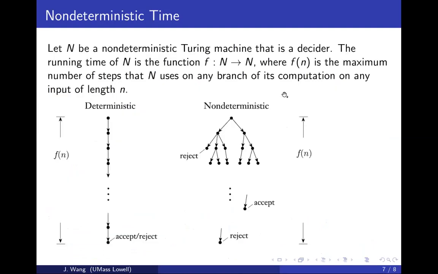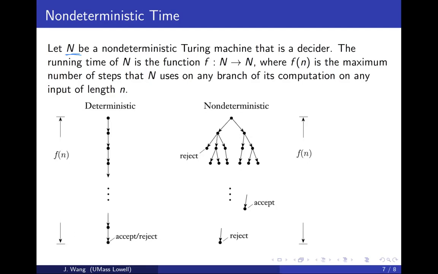So now let's look at non-deterministic Turing machines. We can similarly define non-deterministic time for a non-deterministic Turing machine. For convenience, let N be a non-deterministic Turing machine that is a decider, because what we are interested in is anything that is computable, that in our case is decidable, when we don't worry about the time bound.